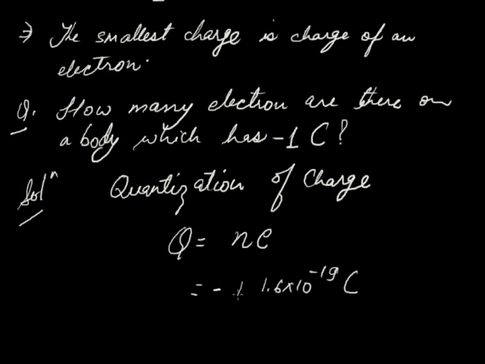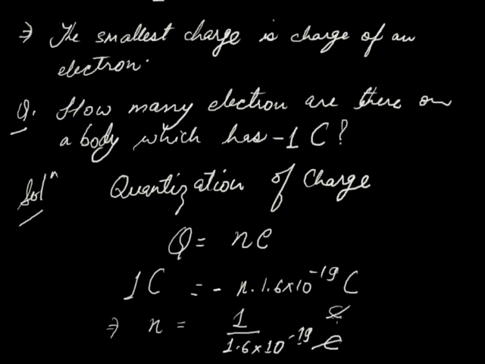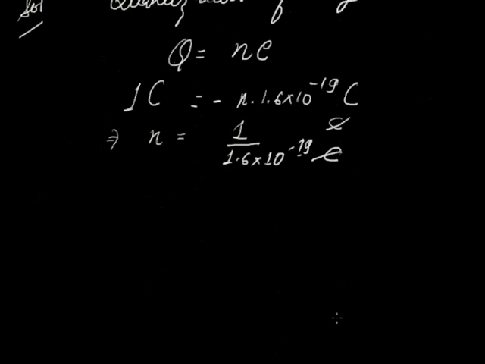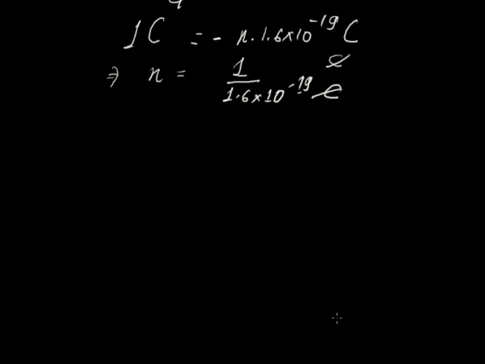So we should find n when we know that q is equal to 1 coulomb, as the macro charge is 1 coulomb. So n becomes 1 upon 1.6 times 10 to the power minus 19, as there is a coulomb in both numerator and denominator. A number has no units, and that's why the units cancel each other.